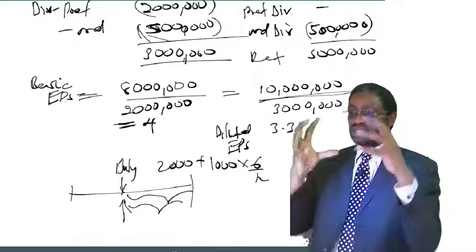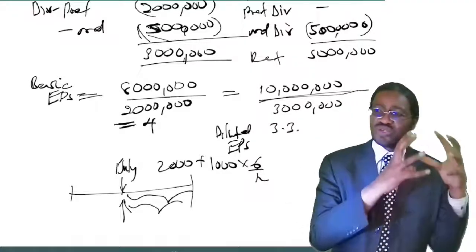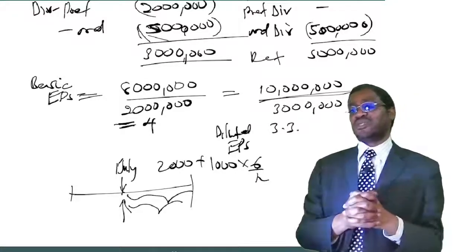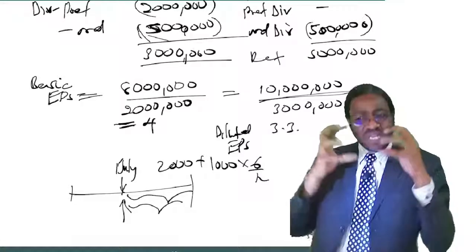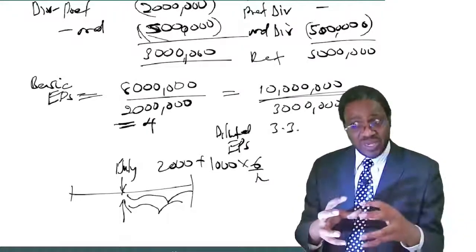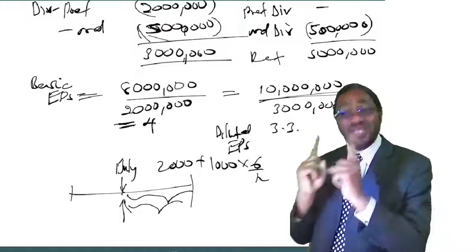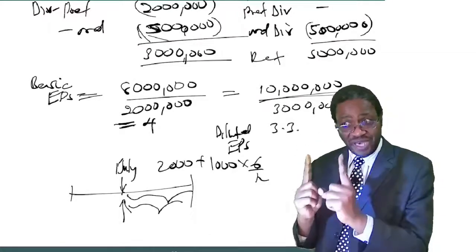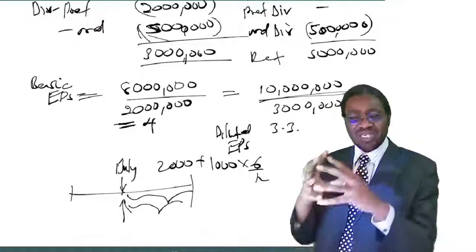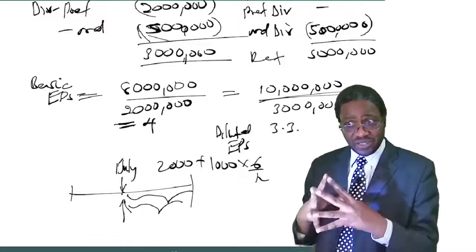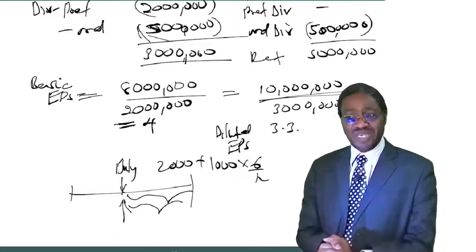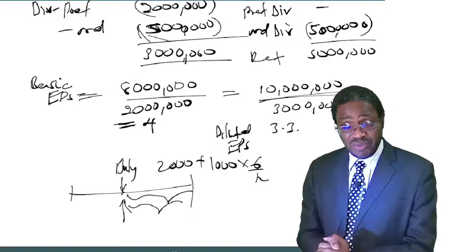Add it to the earnings used for basic EPS. Then, to the number of shares used for basic EPS, add the number of shares that would have been issued on conversion. That's what we are saying, to get the diluted EPS.